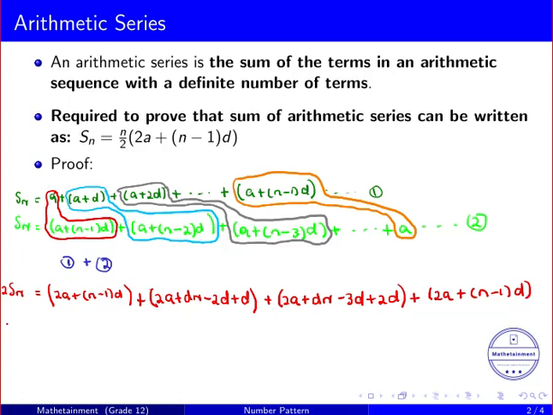So here you have 2Sn equal to, a plus (n minus 1) times d, close the bracket, plus 2a, so plus dn minus 2d plus d, it becomes minus d, plus you have your 2a plus dn minus 3d plus 2d, you end up having minus d.